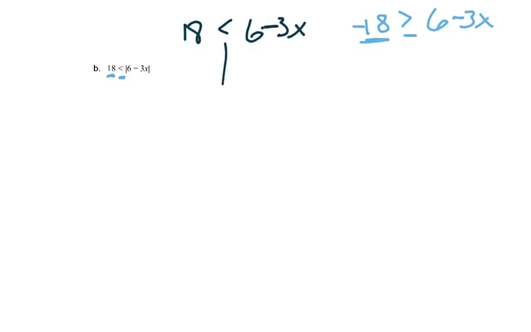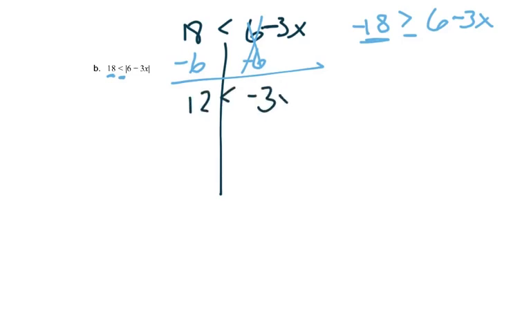So we'll start by solving this one first. I would subtract 6 from both sides first to get it away from the x. So 18 minus 6 is 12. And then I need to divide by negative 3. Because I'm dividing by a negative number, I need to change that sign.